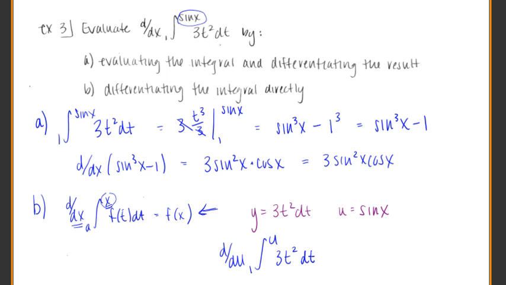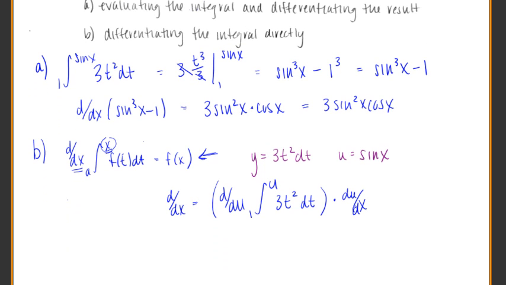And now I'm going to multiply all of this times du dx. That way I get a d dx, because the du is going to cancel with that du back there, and, sorry, I should put a dx right there.